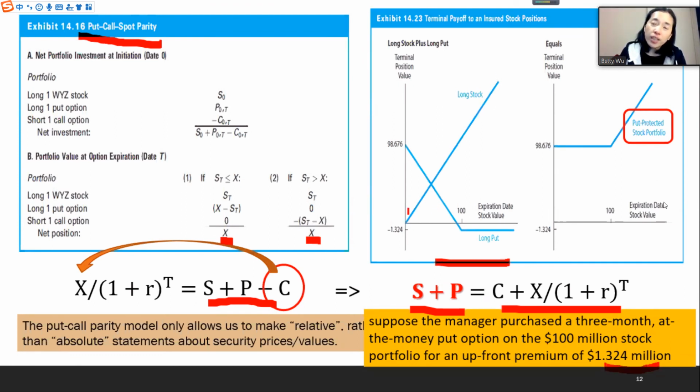So this is the position diagram for long stock. And just remember, some people ask what's the difference between this and this? Should I draw this or should I draw this? The main difference between these two is about the cost. If you don't have this position and you want to buy it now, then it will become like this because you have to pay the cost.